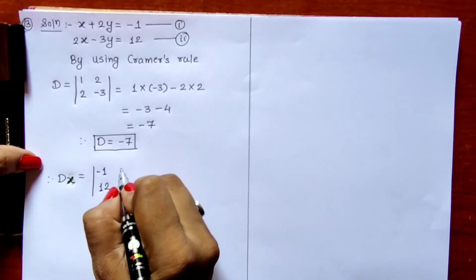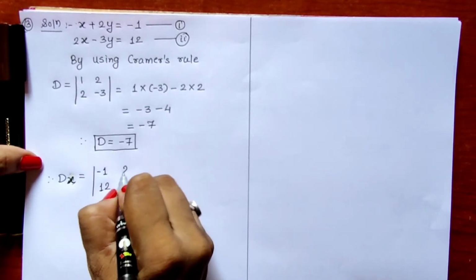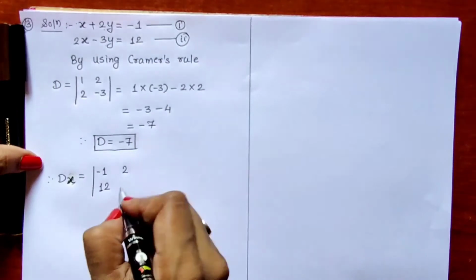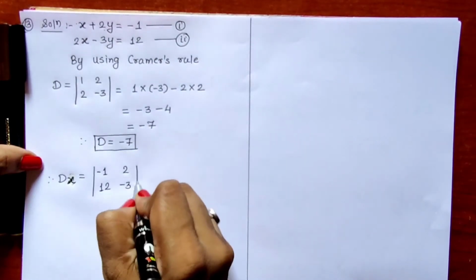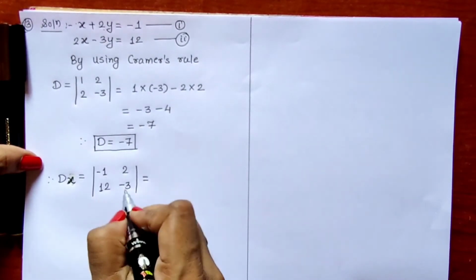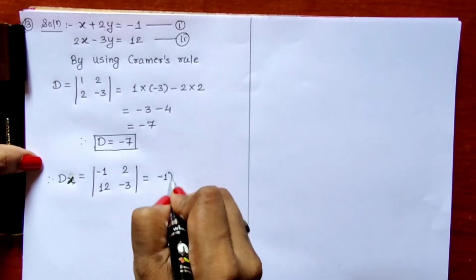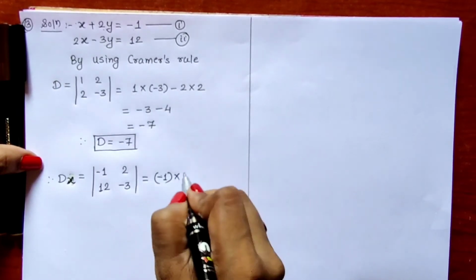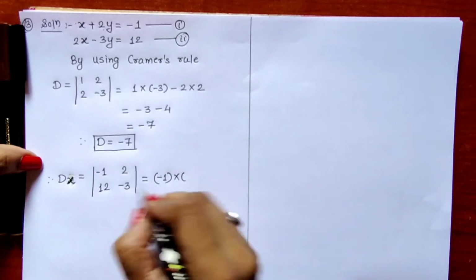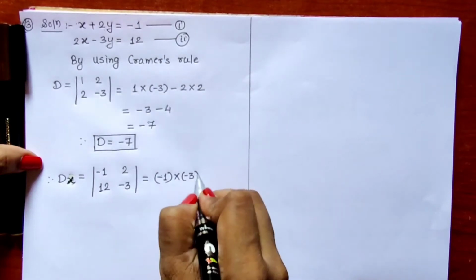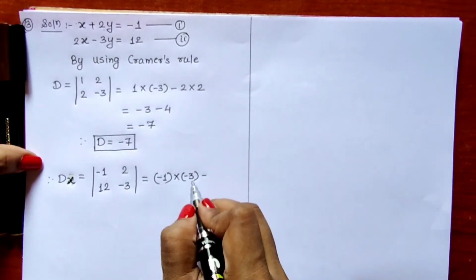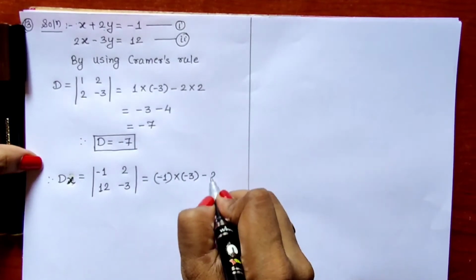Then we write coefficients of y, which is 2 and minus 3. Now let us cross multiply. Minus 1 into minus 3 minus 2 into 12.